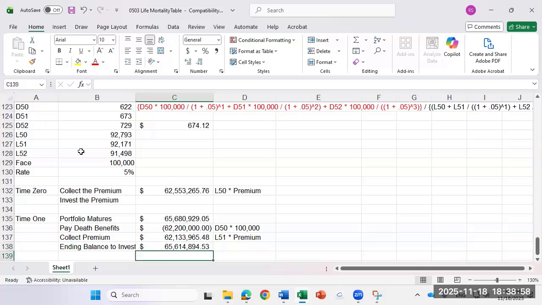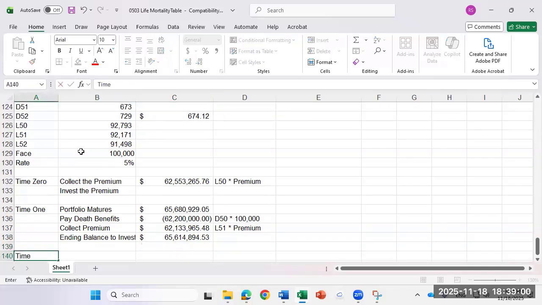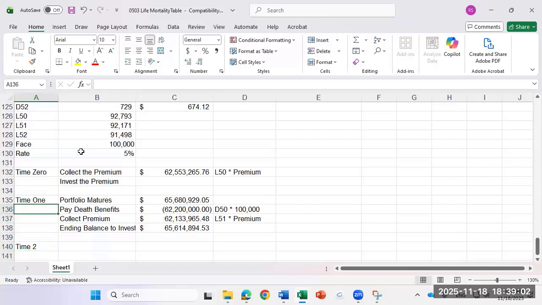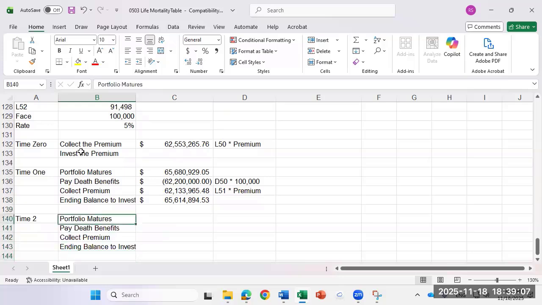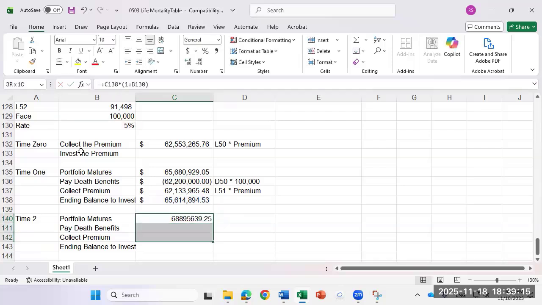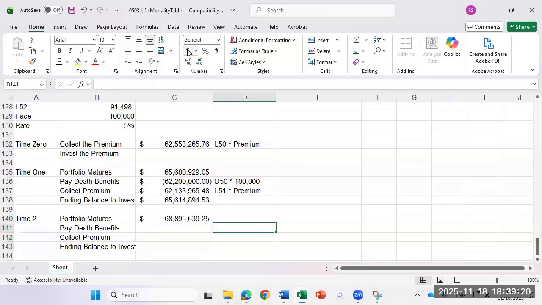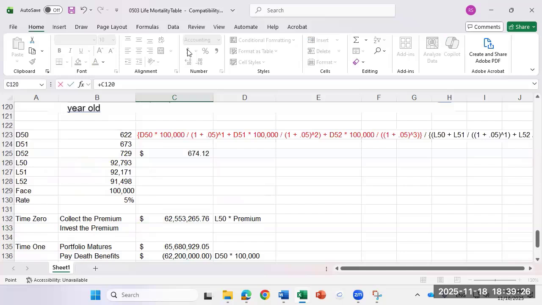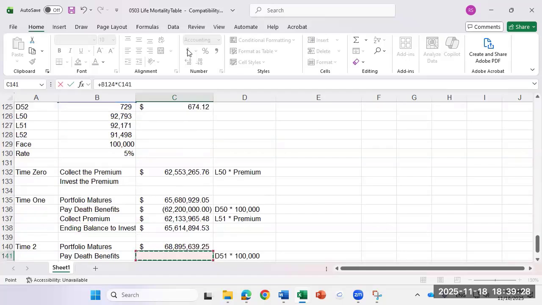Then we come to time 2, and you can essentially copy these down for the second year, the same thing. The maturity of the portfolio at 5%, so you take what you invested times 1 plus 5%. You're going to pay death claims, D51 times 100,000.